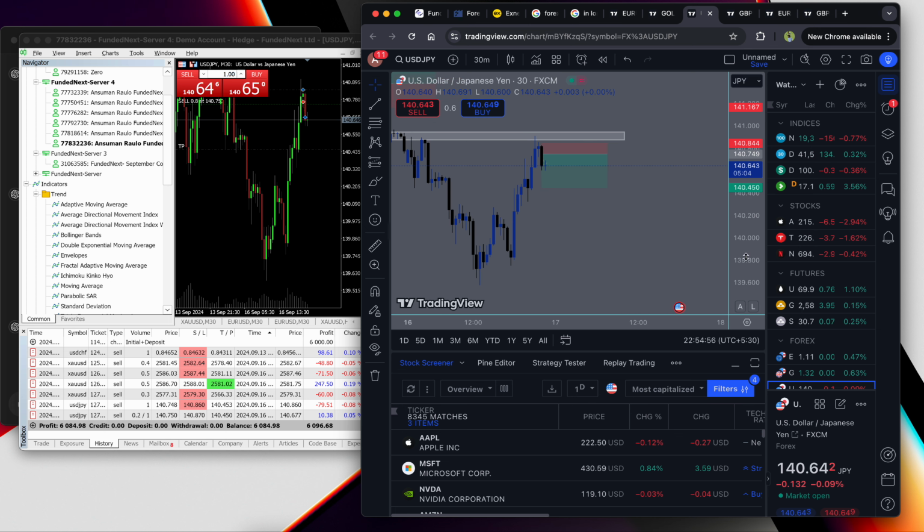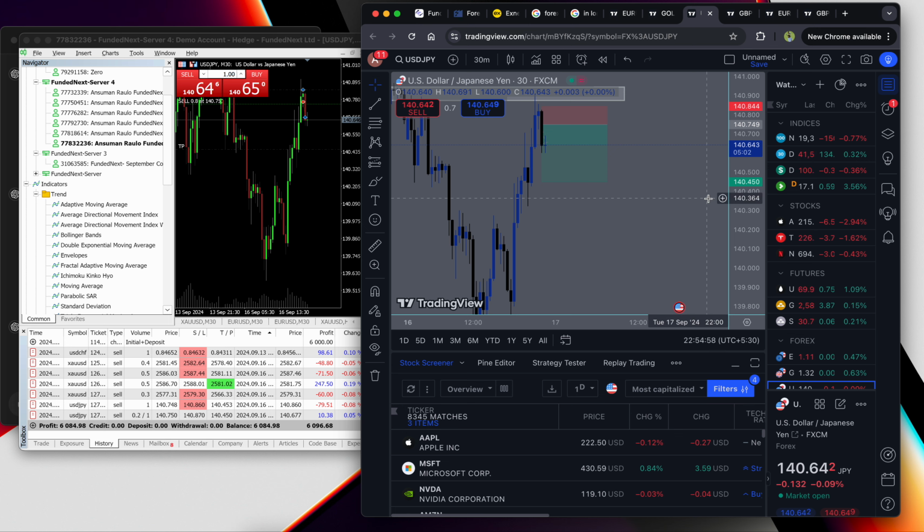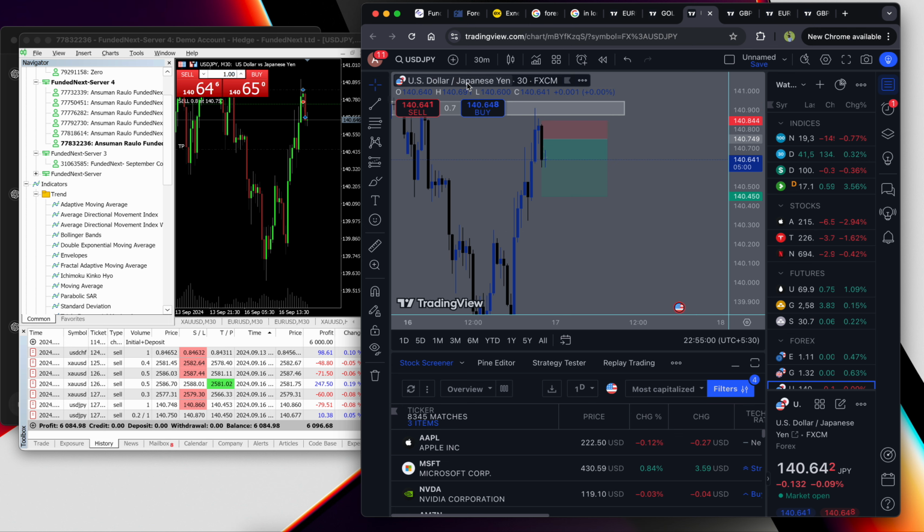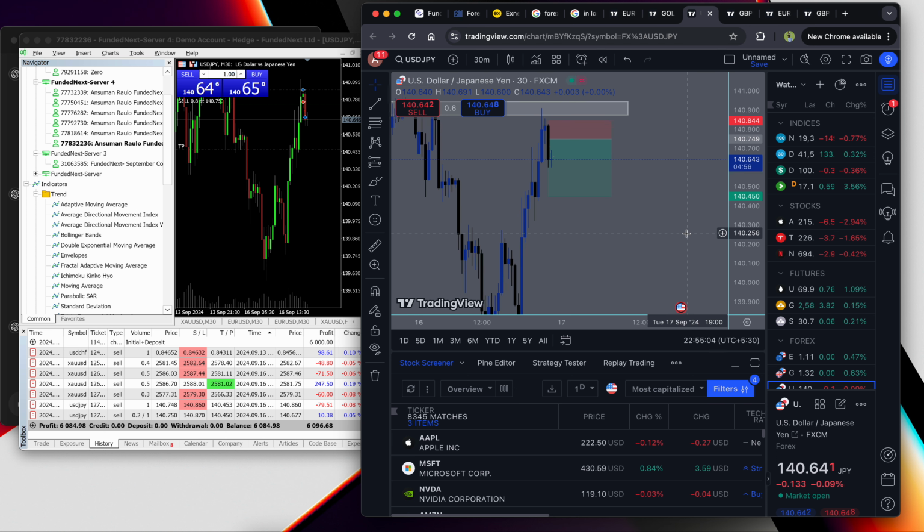So presently it is the New York session, so the Japanese yen is inactive, the US dollar is active, so the chart is one sided. If the US dollar falls, this chart falls, and if the US dollar is bullish, then this chart will be bullish.